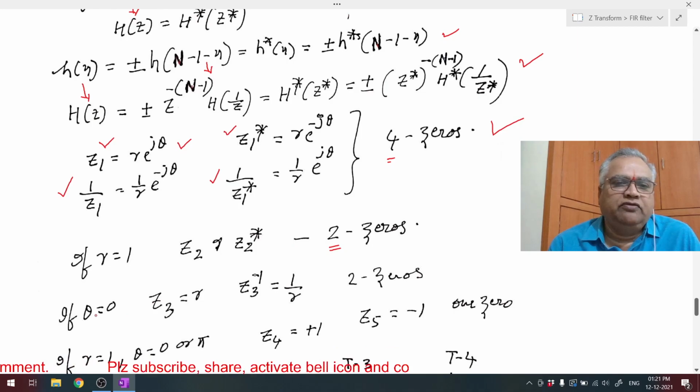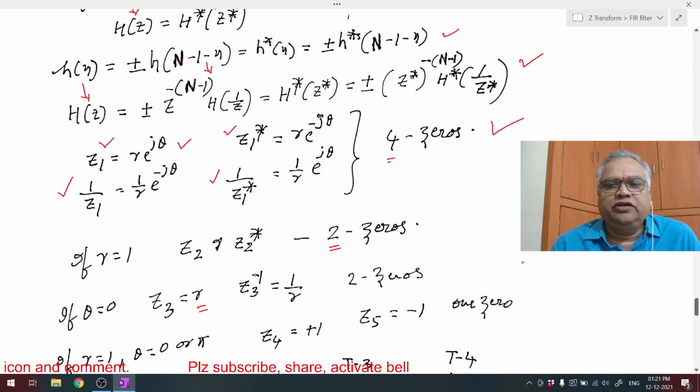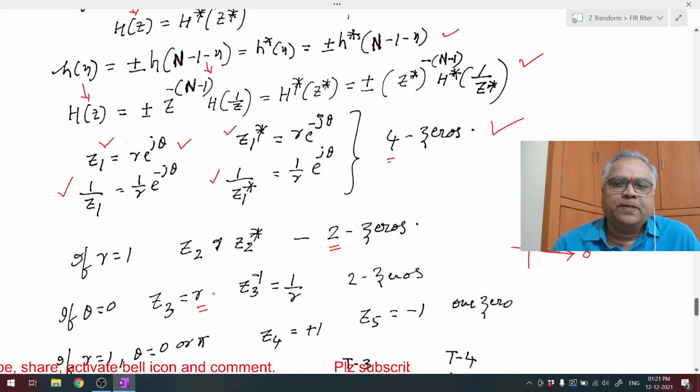Then if θ equals 0, it contains z3 equal to r and 1/z3 equal to 1/r. θ equal to 0 means it is in this direction. This is 0 degrees.